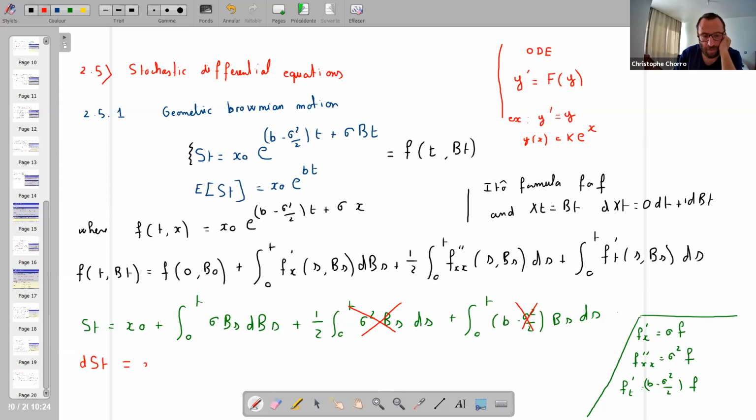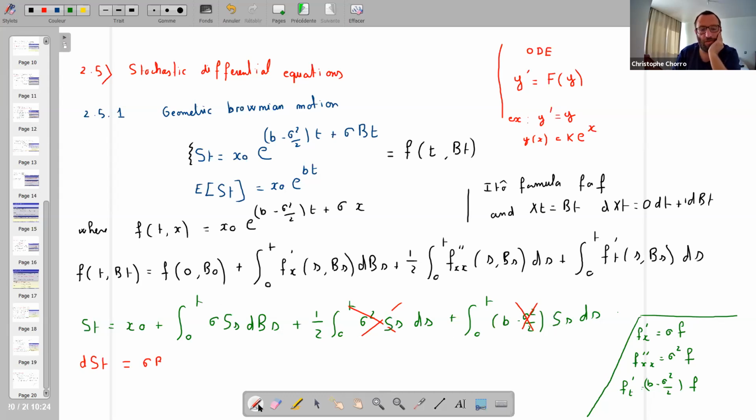And at the end, I obtain that d of S_t is equal to sigma, oh, I have made just a misprint here, excuse me. When I do this, f prime is equal to sigma f. If I apply f prime at s and B_s, I obtain sigma of f of s and B_s. f of s and B_s is S_s. So here it's not B that I obtain, it's S_s that I obtain here.